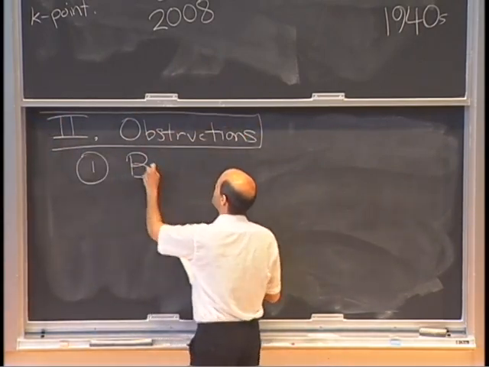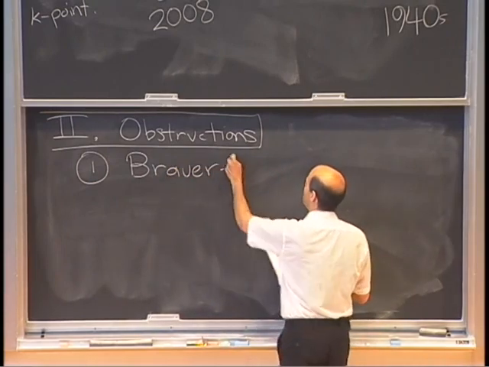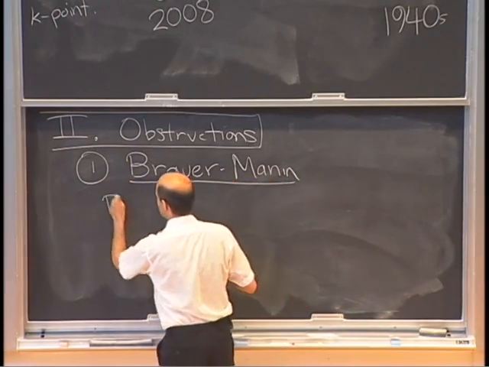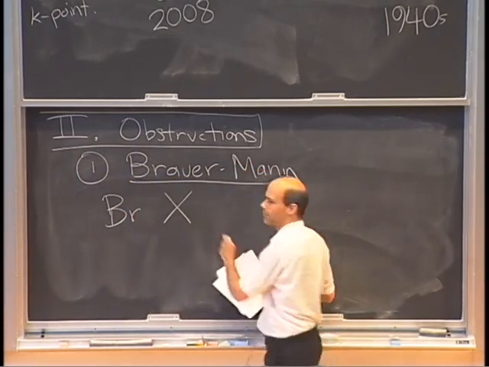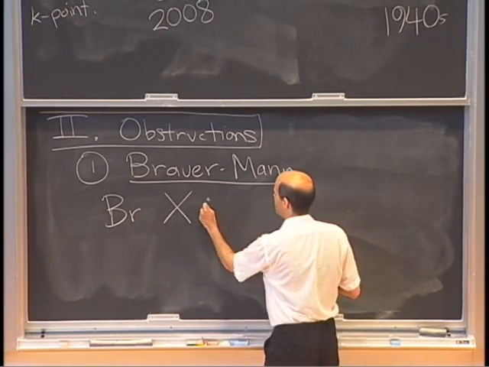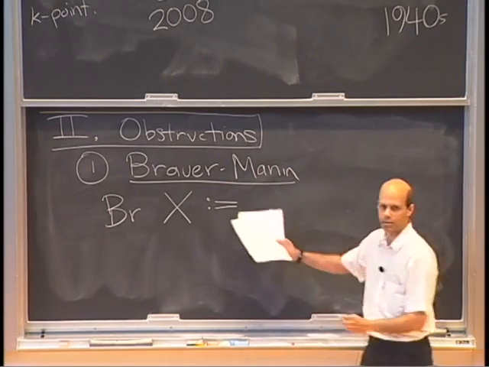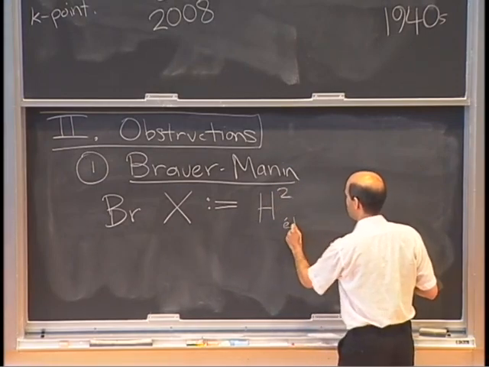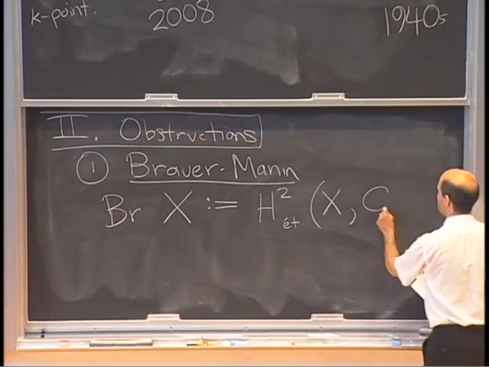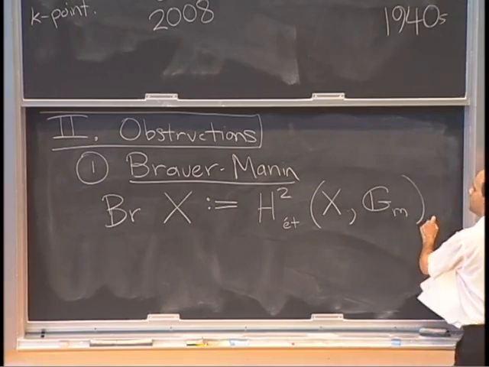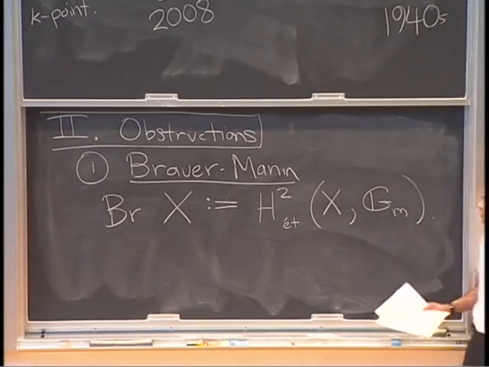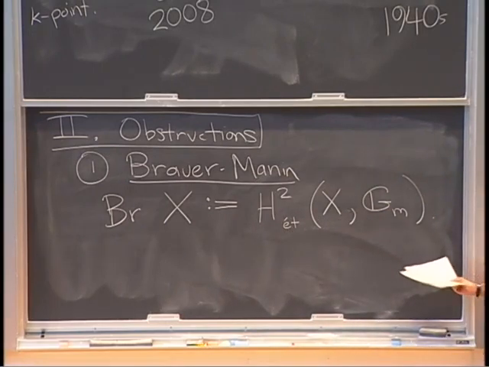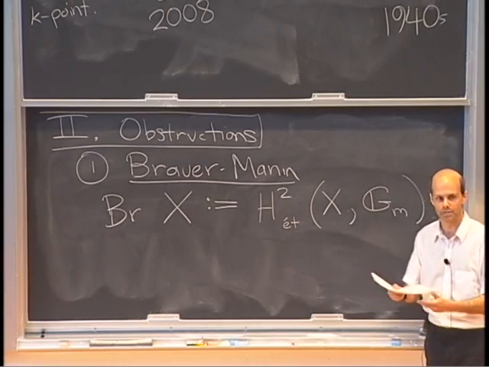So the first obstruction I'm going to talk about is the Brauer-Manin obstruction, and for this I need to introduce the Brauer group of the variety, and this is Grothendieck's cohomological Brauer group, defined as an étale cohomology group. And in the case where X is just the spectrum of a field, it's equivalent to the classical definition in terms of central simple algebras.